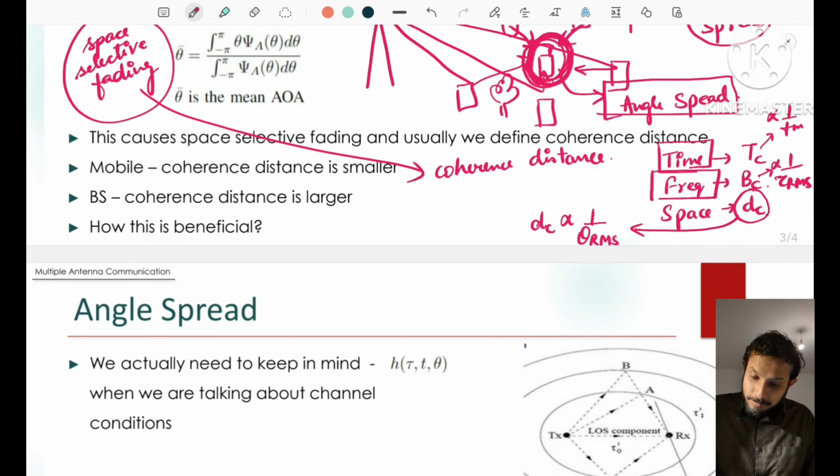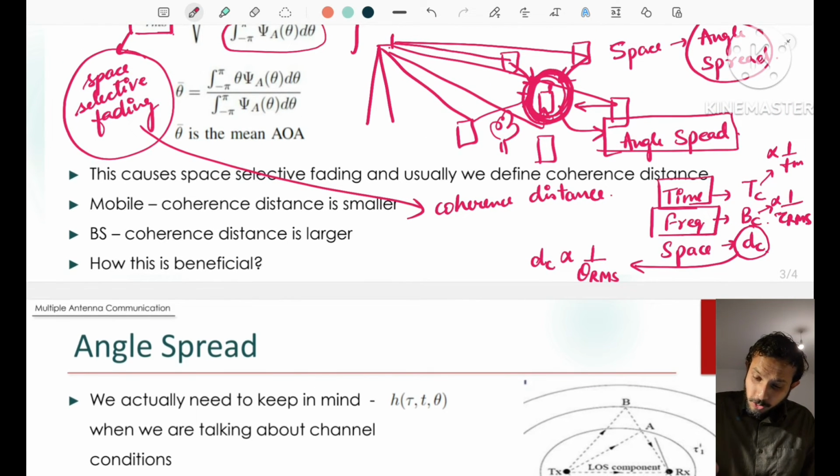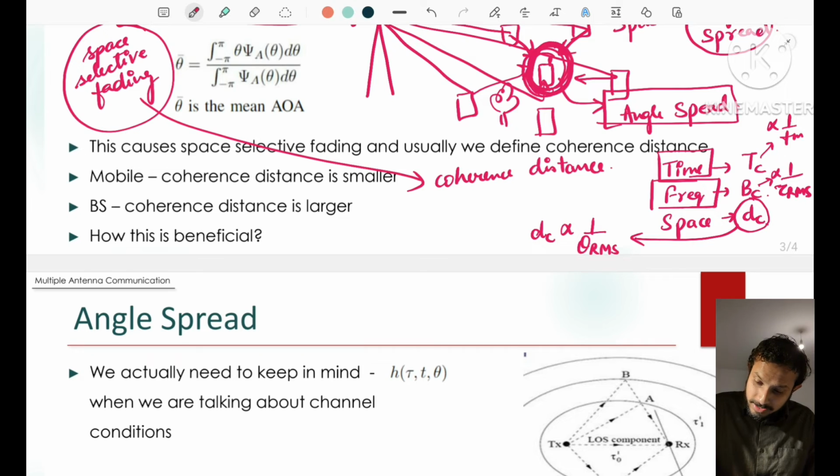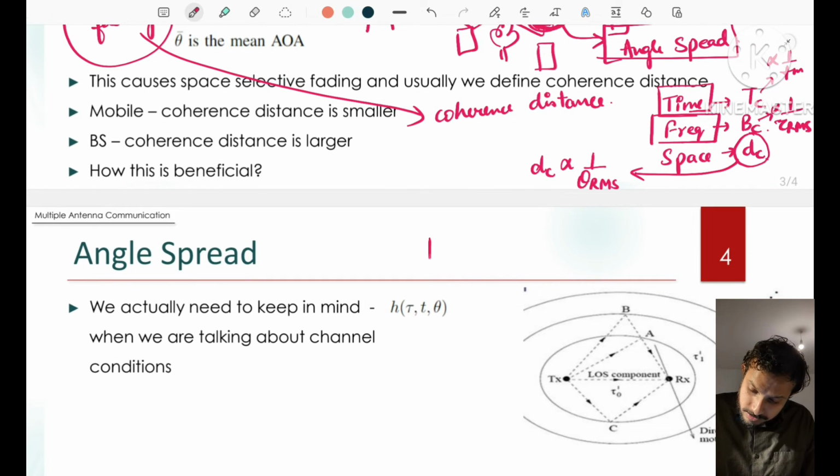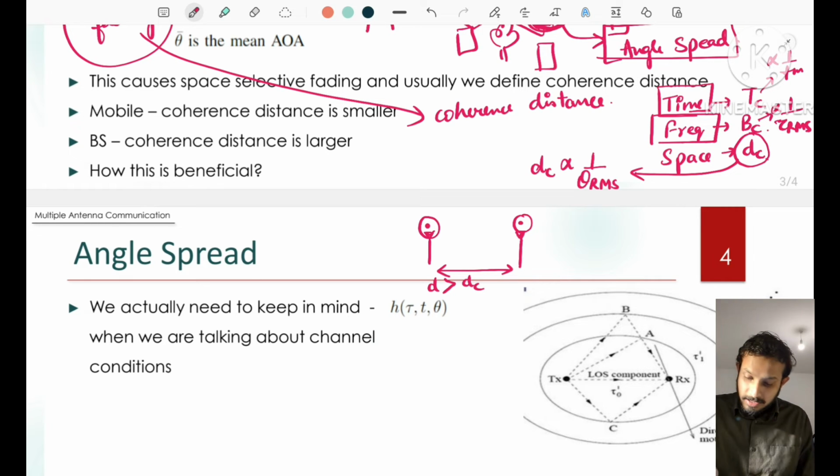And why? Because if this is point 1 and this is point 2, and the distance between them is the coherence distance, if this distance is greater than the coherence distance, then we can say these two points are uncorrelated.